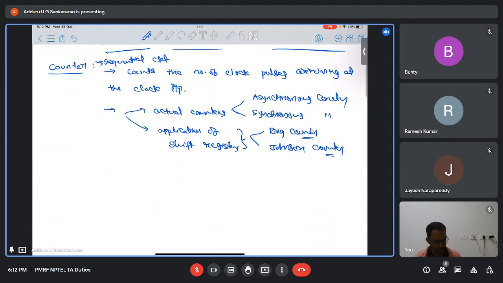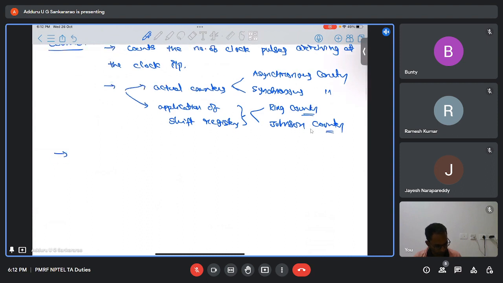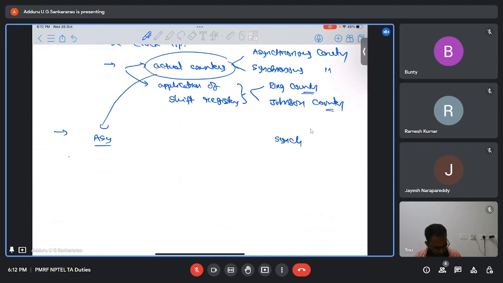In asynchronous counters, we can use any type of flip-flop which should be in toggle mode.